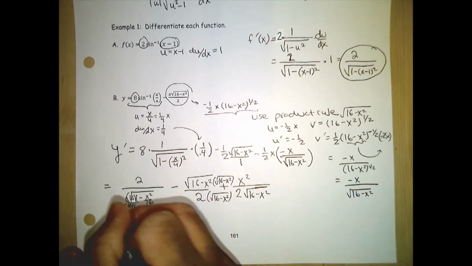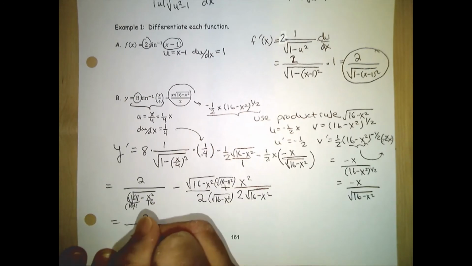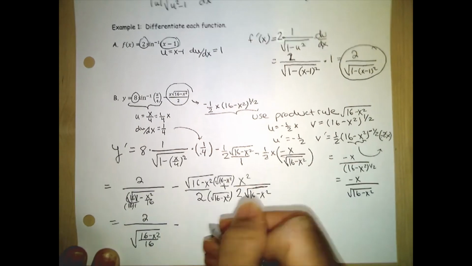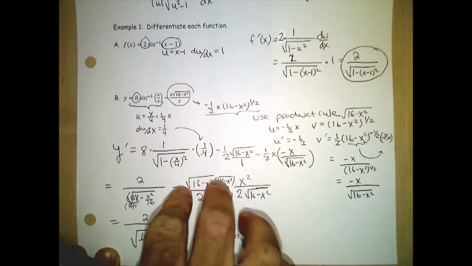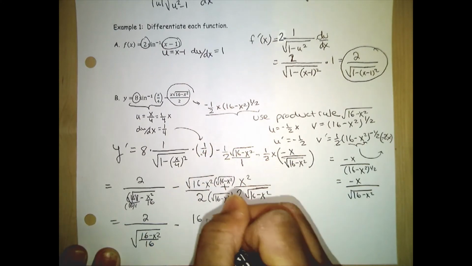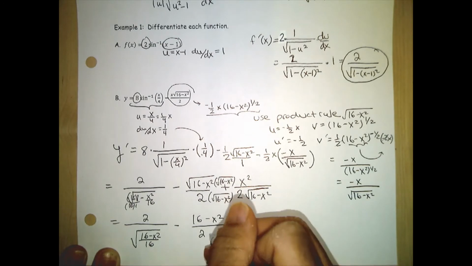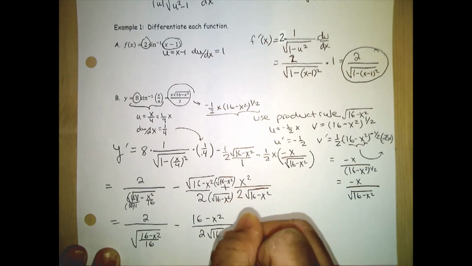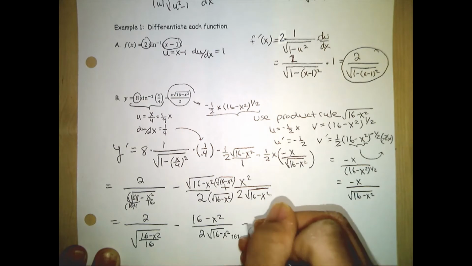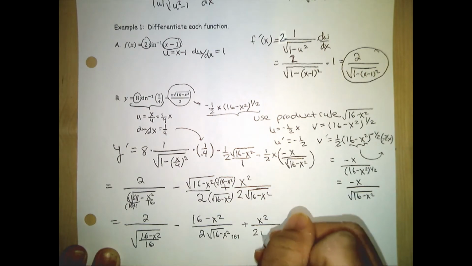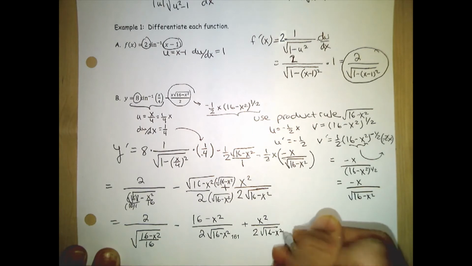So we have 2 over the square root of 16 minus x squared over 16, minus, if I multiply these together, (16 minus x squared) over 2 square root of 16 minus x squared, plus x squared over 2 square root of 16 minus x squared.